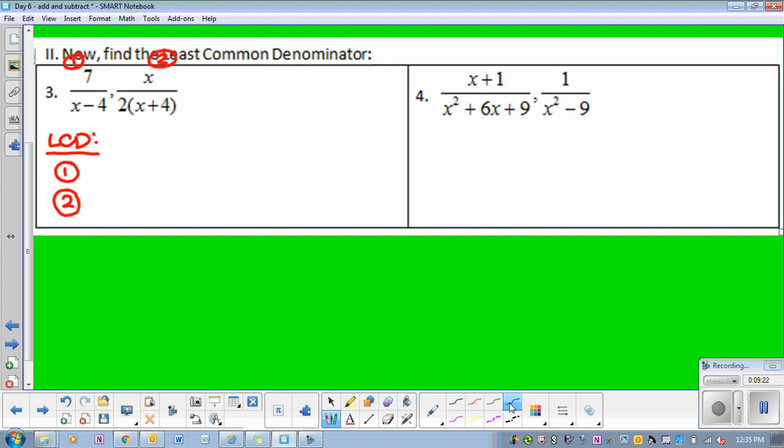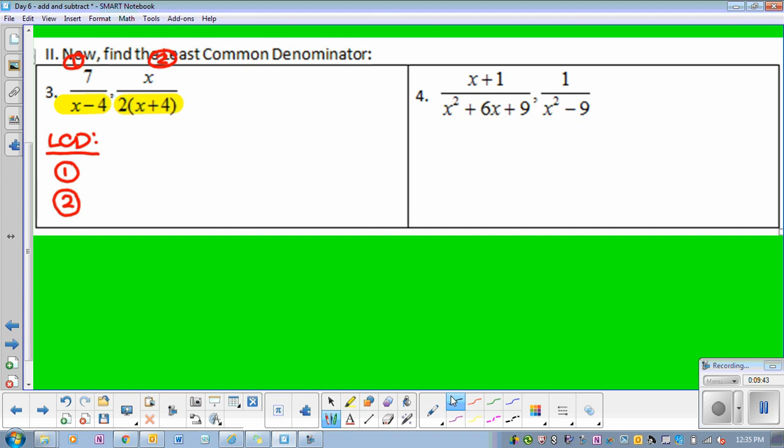You need to make sure that you factor first if you can. So if I look at both of my denominators here, can I factor this? No, it's already factored. Can I factor this? No, it's already factored. Okay, so I'm going to go to my fraction 1.